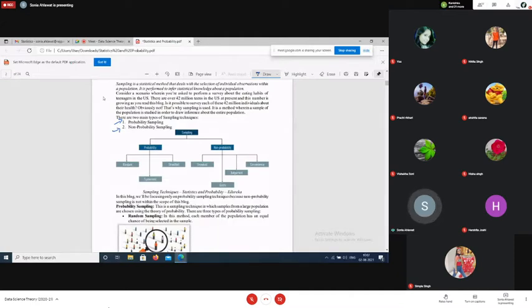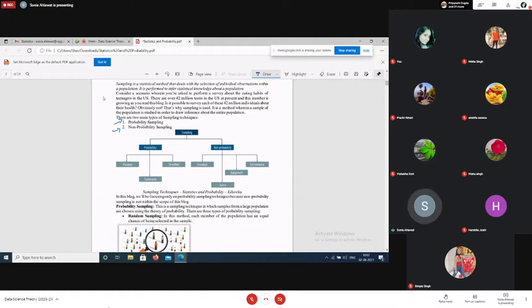Another one is non probability sampling. It doesn't require anything dependent on the existence of that particular event; they all are independent of each other. In probability sampling, the samples from a large population are chosen in such a manner that probability concepts are implemented.